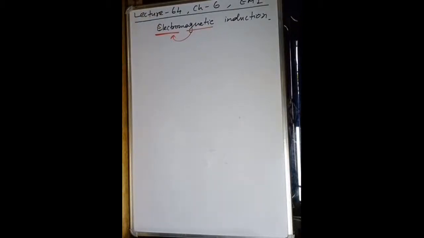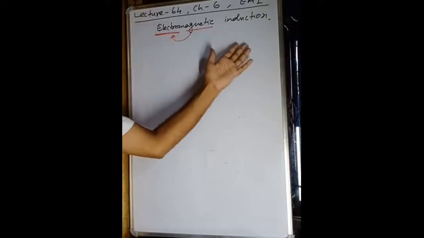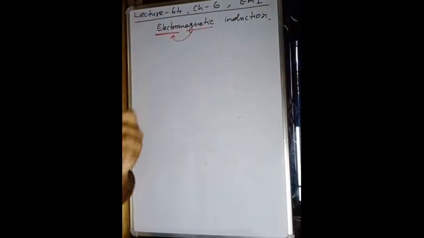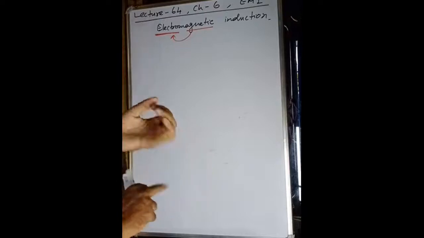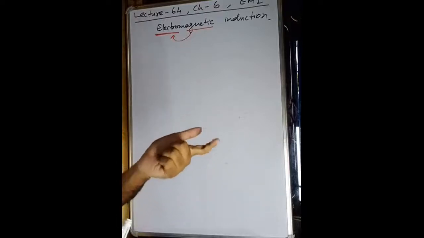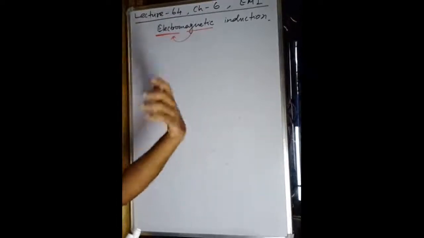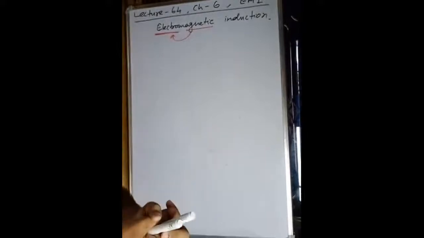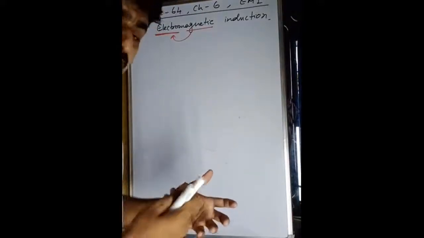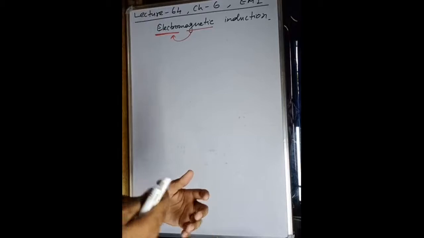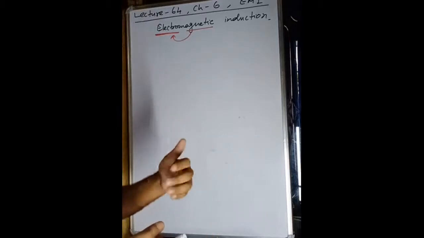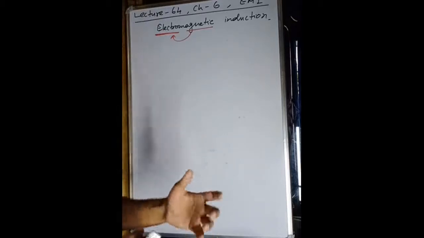To study the electromagnetic induction chapter, there are a number of topics we will study. We will start with the magnetic flux, and then we will study how a change in the magnetic flux linked with a coil induces an EMF, and due to the resistance of the coil a current can be induced and studied.